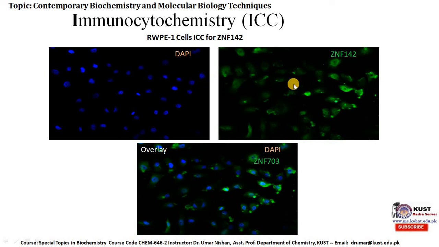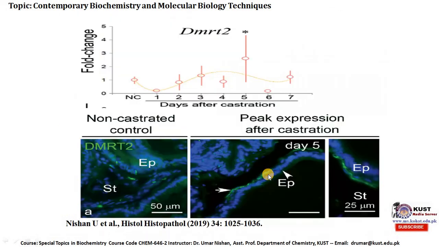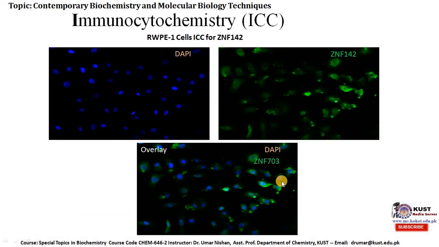There is nothing green here because this is the negative control, and when these cells were stained against the ZNF142 antibodies, we can clearly see that these cells are expressing the protein, and here is the color.